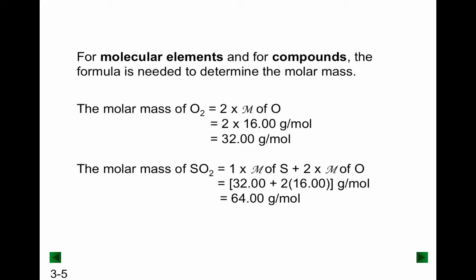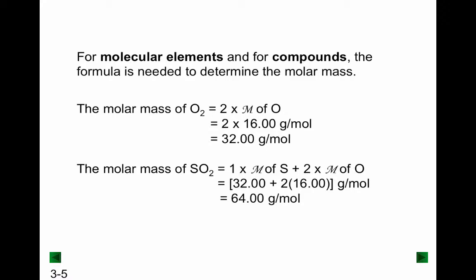For example, oxygen exists as a diatomic molecule, so the molecular formula for oxygen is O2. The molar mass of diatomic oxygen is twice that of an oxygen atom. It is determined by multiplying the atomic weight of oxygen by 2. So 2 times 16.00 equals 32.00 grams per mole.